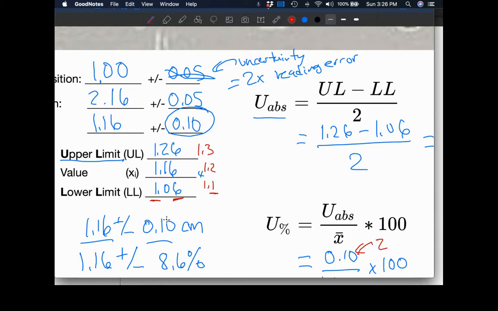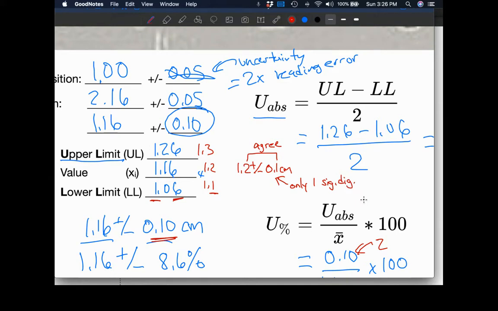So given this uncertainty, which is so large, the final correct answer we would express in this case would be 1.2 plus or minus 0.1 centimeters. Notice it agrees with what we have here. But notice also it is always true that the decimal place of the uncertainty will agree, and the uncertainty will always have only one significant digit.